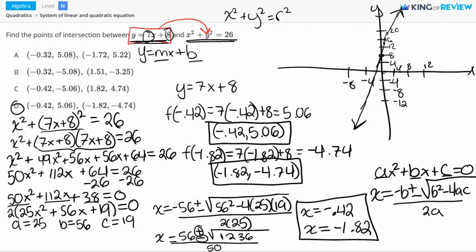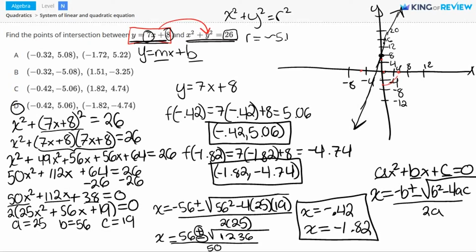So if r squared equals 26, that means that r, or the radius, is approximately 5.1. So let's plot what the circle could look like here. If the center of the circle is at the origin, and the radius is approximately 5.1, it passes through these points here.